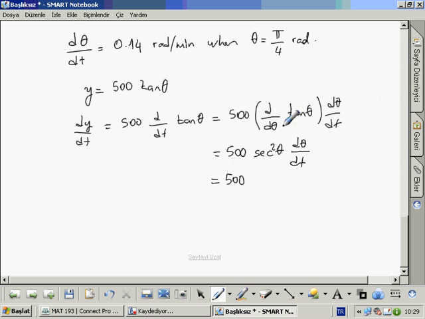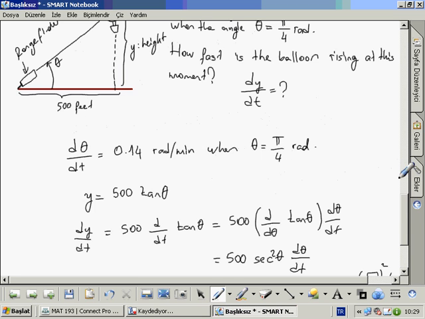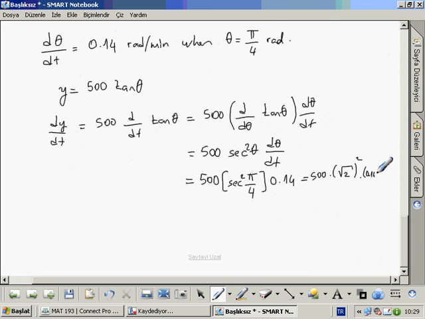We know that theta is pi over 4, so secant square pi over 4, and del theta over del t is 0.14, so it equals 500 times square root of 2 squared times 0.14, and it equals 140 feet per minute.